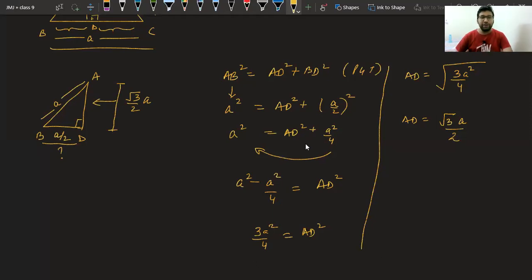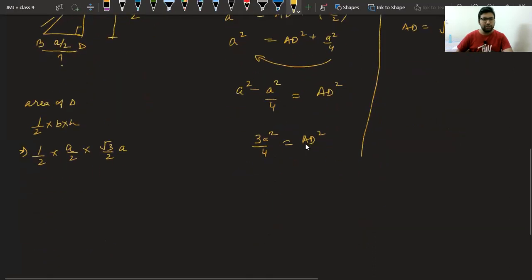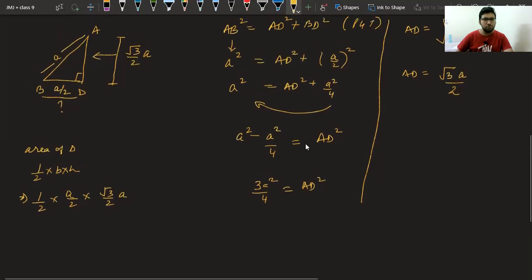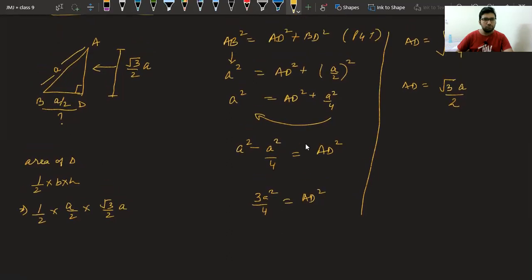So now we have base, now we have height, and we know area of triangle is given by half into base into height. And if you put the values now, base is A upon 2, height is root 3 upon 2 into A. Solving it, what will we get?